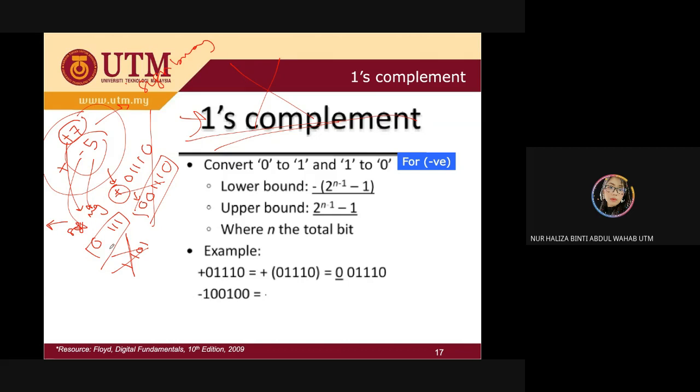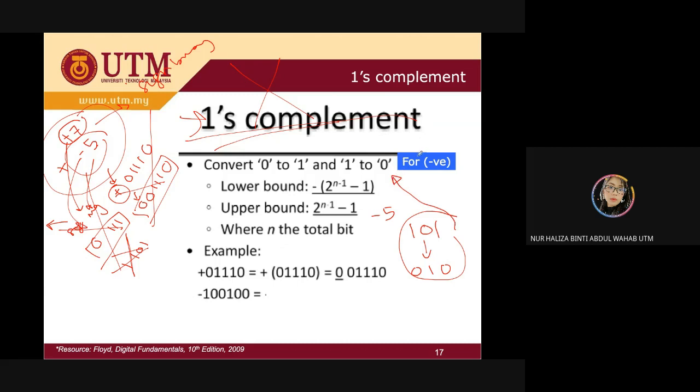What you need to do is, if let's say negative 5, you know that it is 101, as again the question will mention to you. But if it did not mention, it directly gives you 101, maybe you can just directly change it to be 010. This is the theory for the first complement.